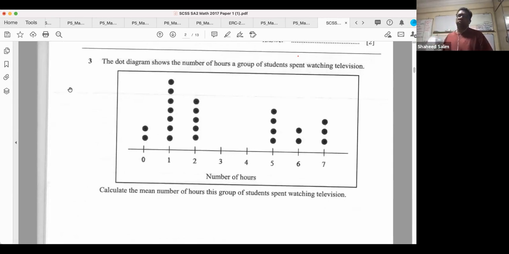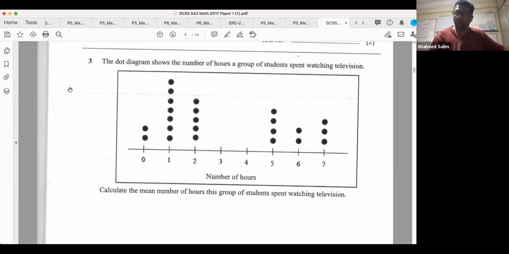Number of what? Number of students. Total is the total number of hours watched.